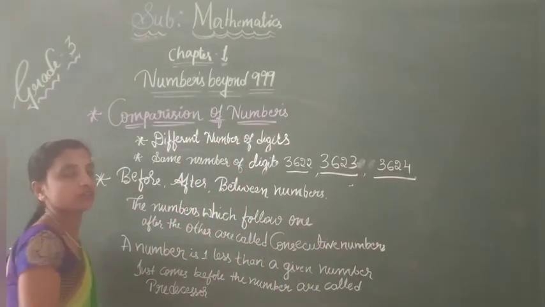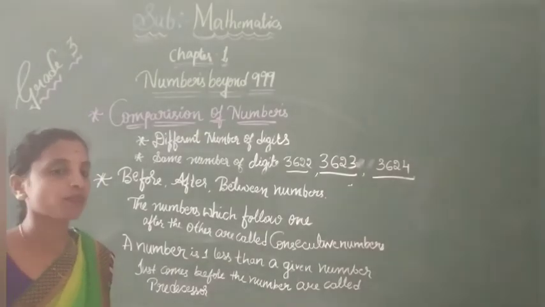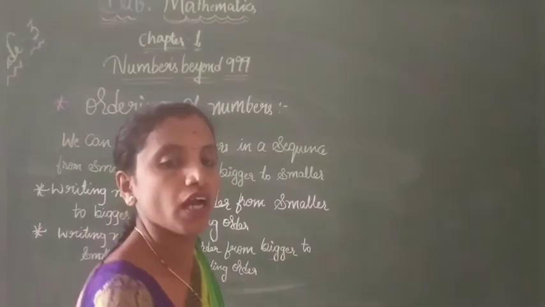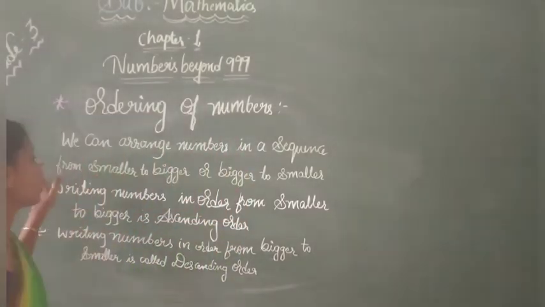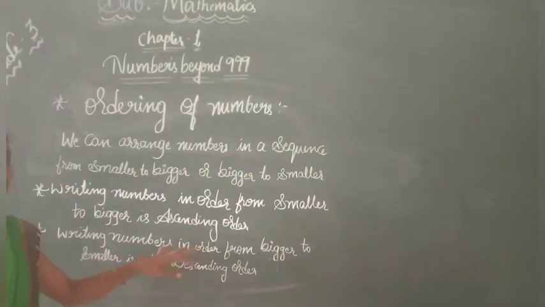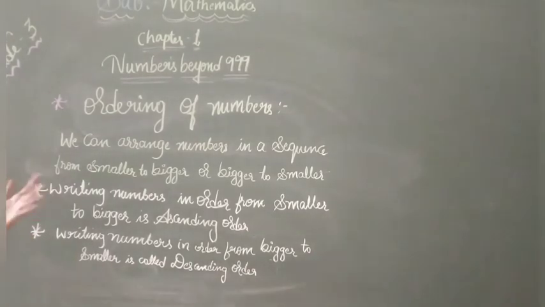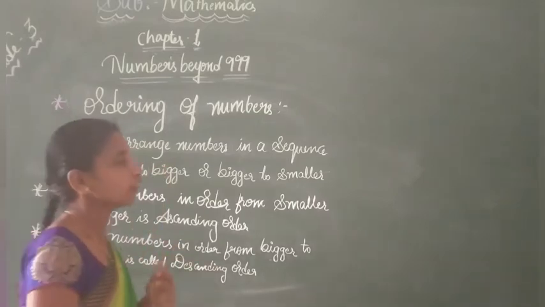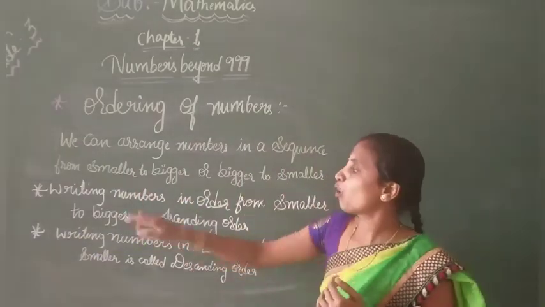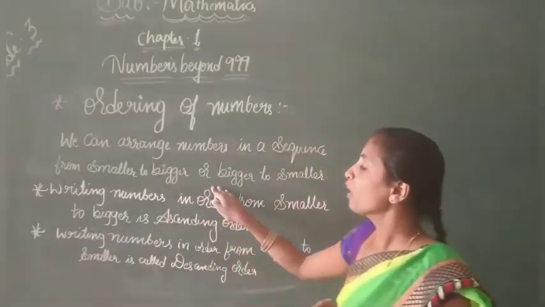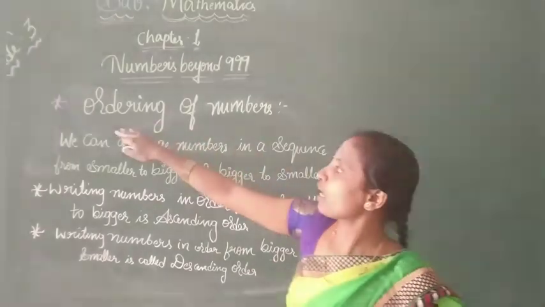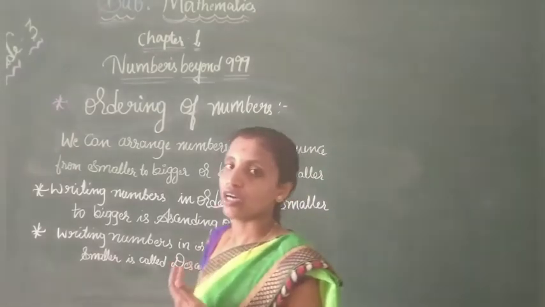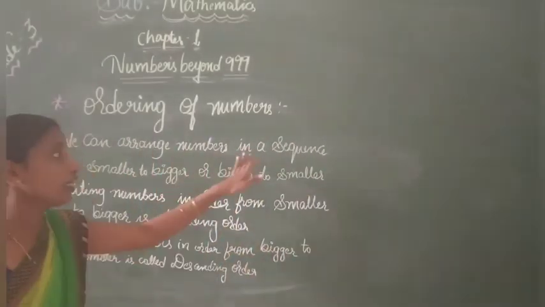Any doubts? Next, we move now to discuss ordering of numbers. In that, we have to discuss ascending order and descending order. What is ordering of numbers?